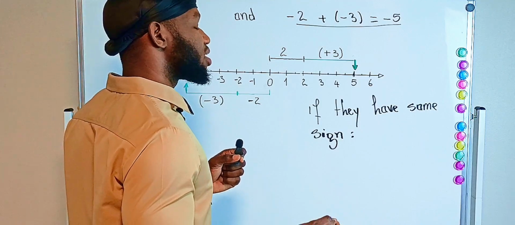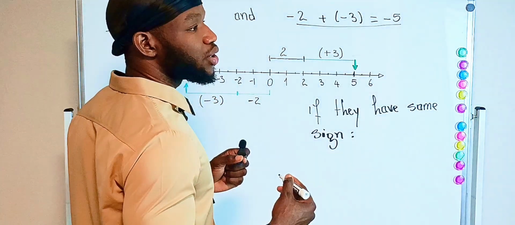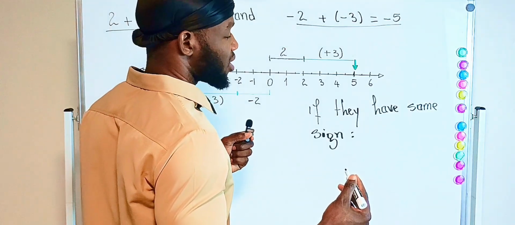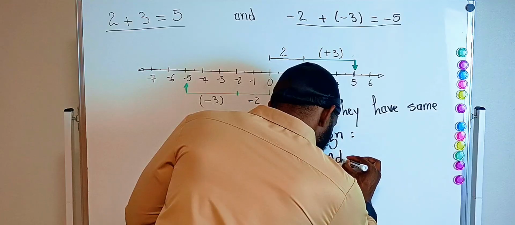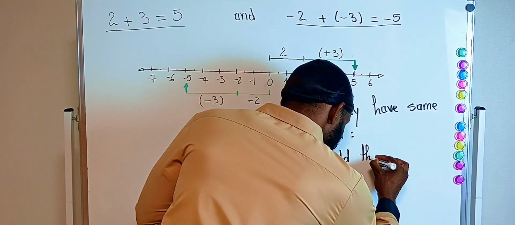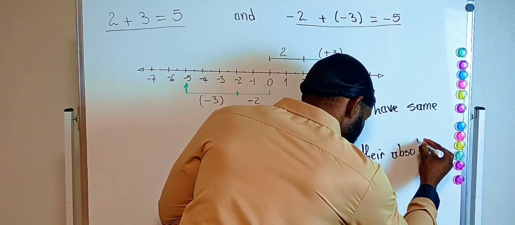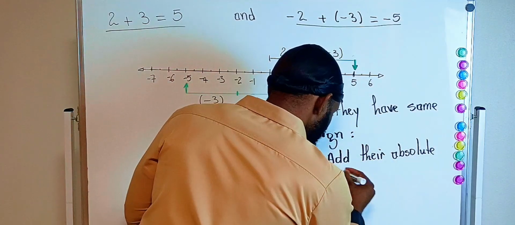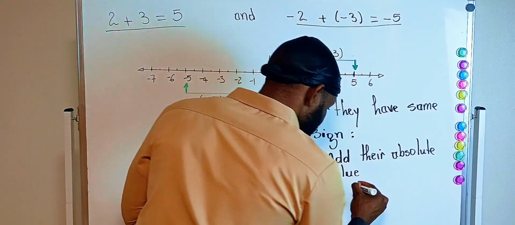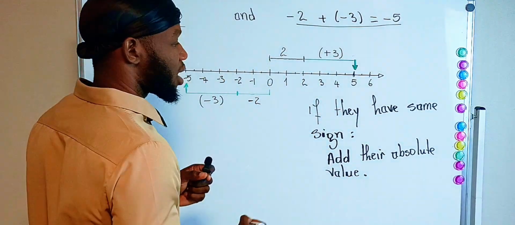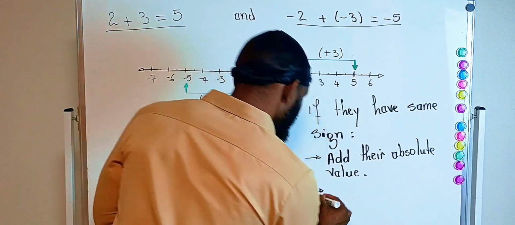Okay, go step by step. First step, what we do, we just add their absolute value, right? You add them, add their absolute value, in order to not care about the sign at first sight.